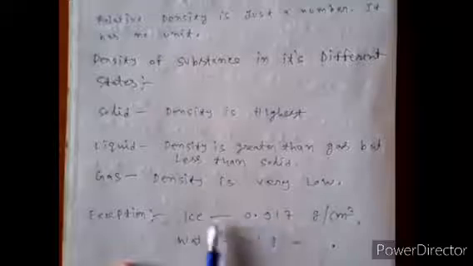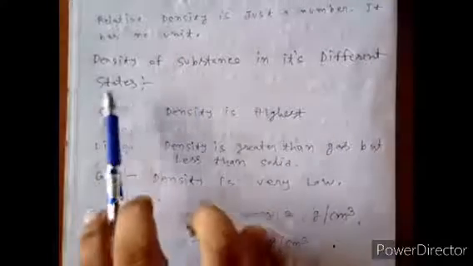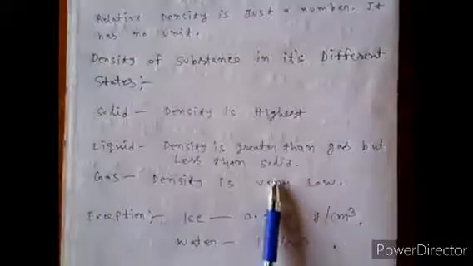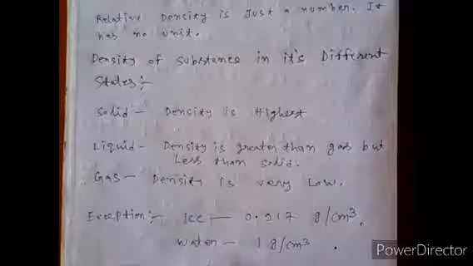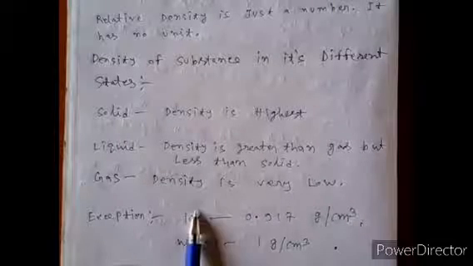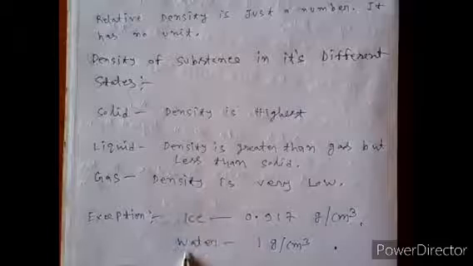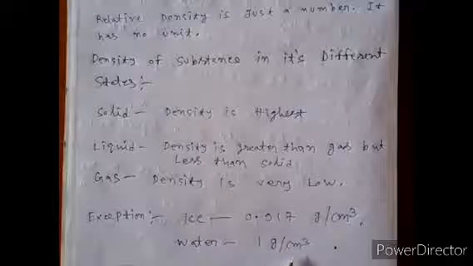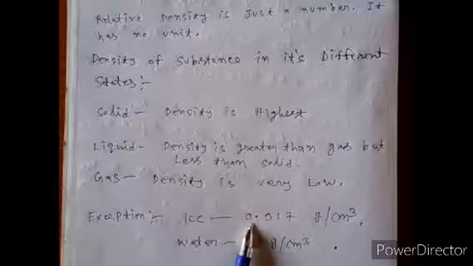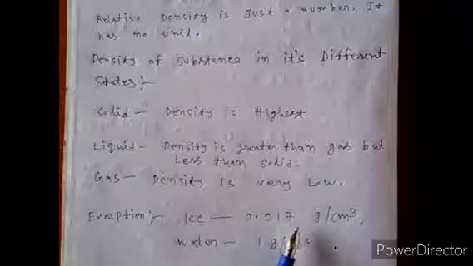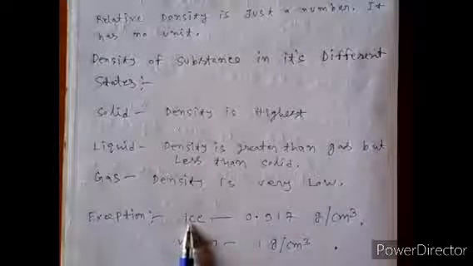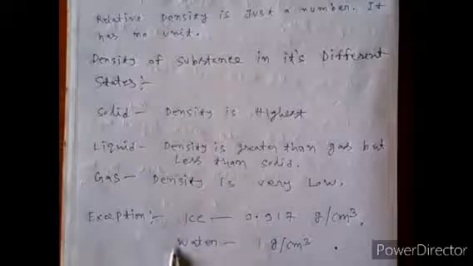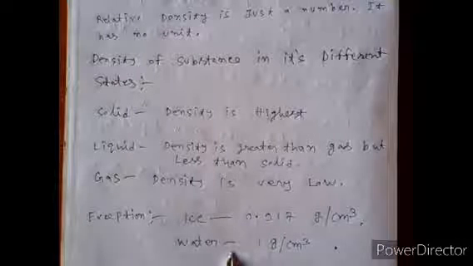We know ice is solid and water is liquid. So from the above concept, you may think that water must have less density than ice, but in reality water has density 1 gram per cm cube, but ice has density 0.917 gram per cm cube. So the density of ice, which is a solid, is less than water, which is a liquid.